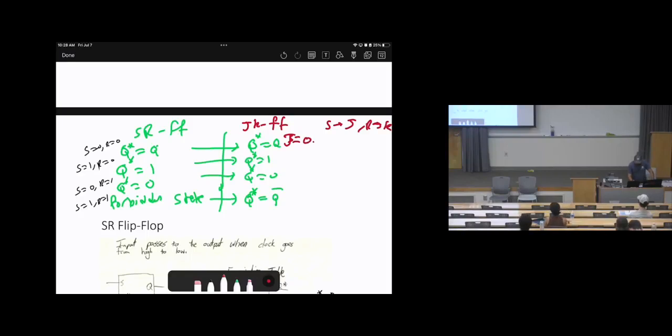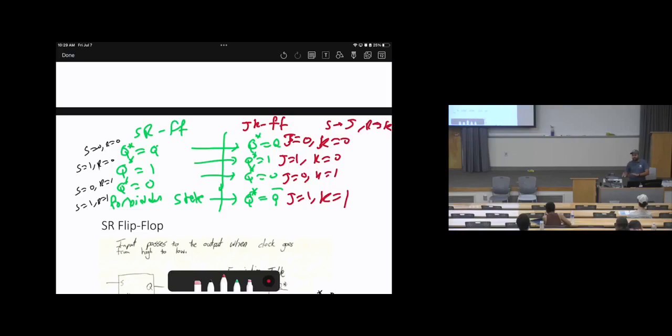So J equals 0, K equals 0, the first part. The second part, J equal 1, K equals 0. Here is J equals 0, K equal 1. Then when J equal 1, K equal 1, it is no longer a forbidden state, it will be Q bar.